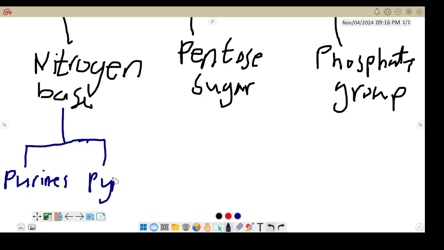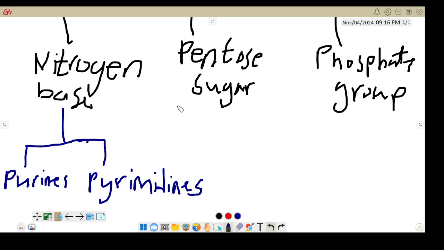The word will be very long and I feel so lazy. Pyrimidines. Okay, so this is what we have under the nitrogen base: purines and pyrimidines.